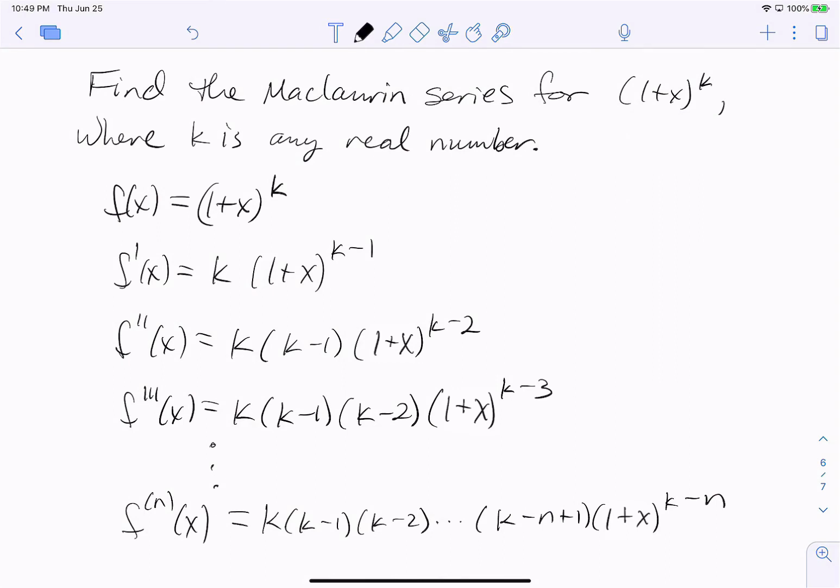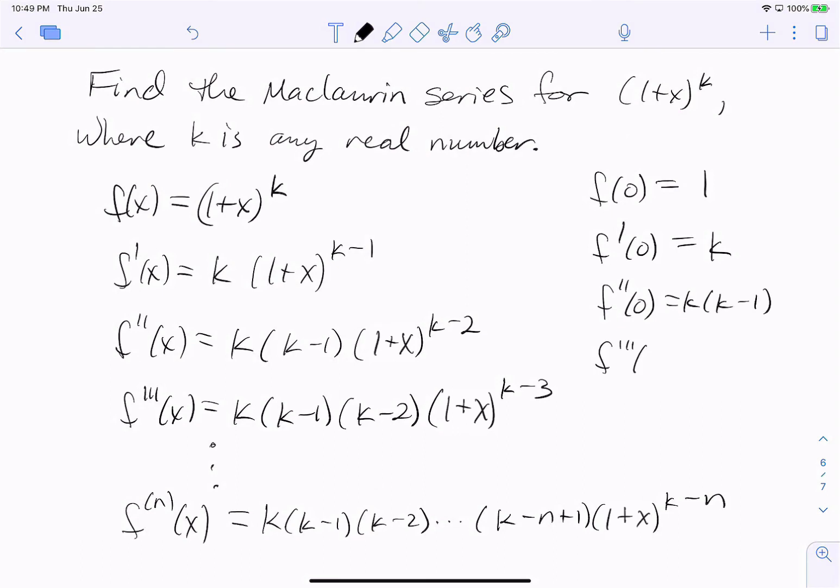Evaluating each of these at 0, because we are talking about the Maclaurin series after all, we have that f of 0 is equal to 1. F prime of 0 is equal to, well, now look, the reason f of 0 is 1 is because we put 0 in place of x, right? So for f prime, put 0 in place of x, you got 1 to the k minus 1. That's going to keep happening. So f prime of 0 is k. F double prime of 0 is k times k minus 1.